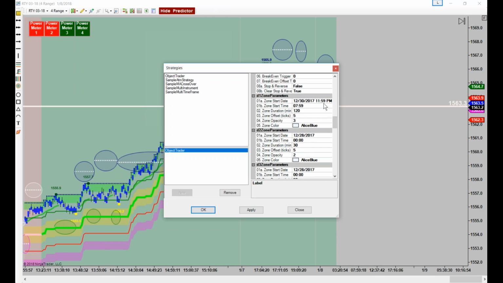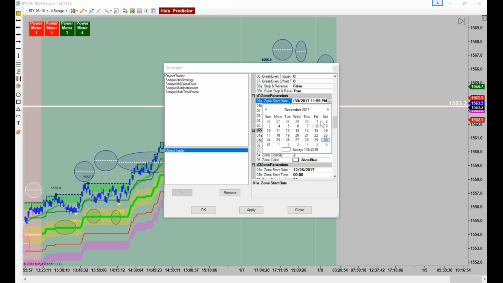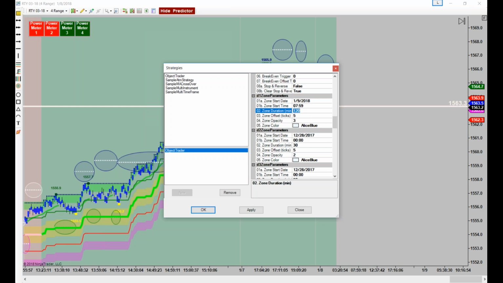For instance, if you set this for December the 9th, say for tomorrow morning, 7:59, you can't let it run for 120 minutes and still set this one for 8:30. So we'll have to set this for like 30 minutes, and then set this one for 30 minutes. You see what I mean? That way you're not overlapping them at all. We'll go over that in just a little bit.